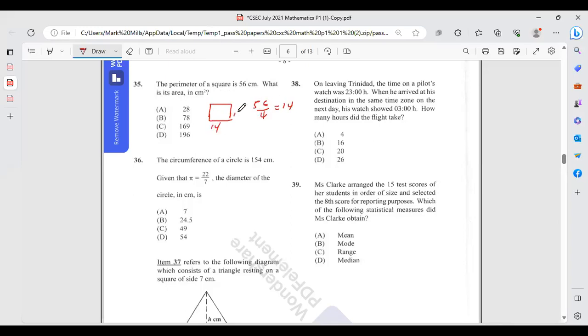So 14, 14, 14, and 14. We want to find the area. The area would have been 14 times 14, which is 196. Square units, so centimeter square. So the answer would have been D.